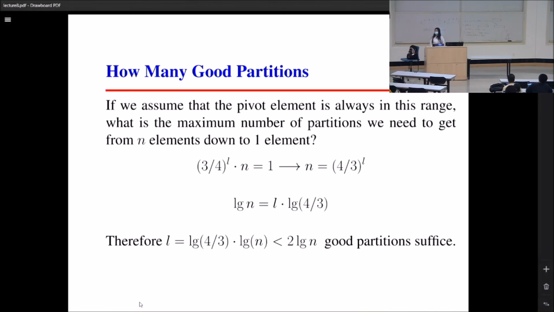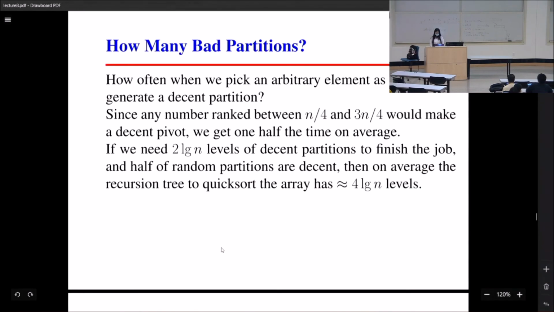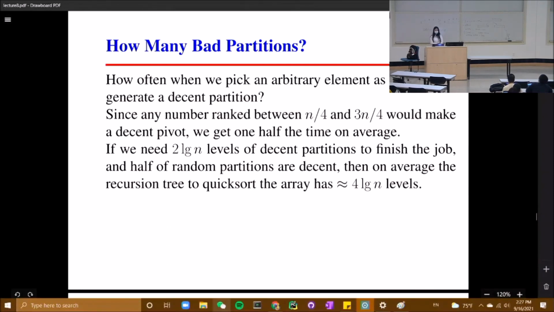Okay? Great. So how often do we choose an arbitrary element as a pivot that guarantees a decent partition? Since elements ranked between n over 4 and 3 times n over 4 make a decent pivot, we get it 1/2 of the time on average.